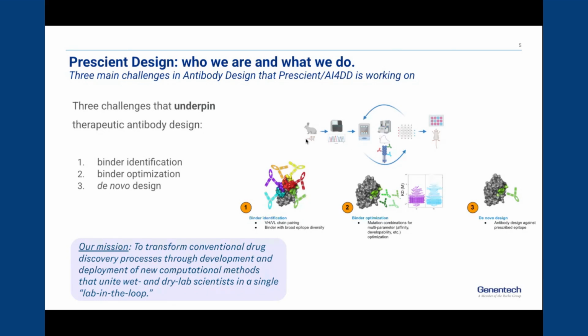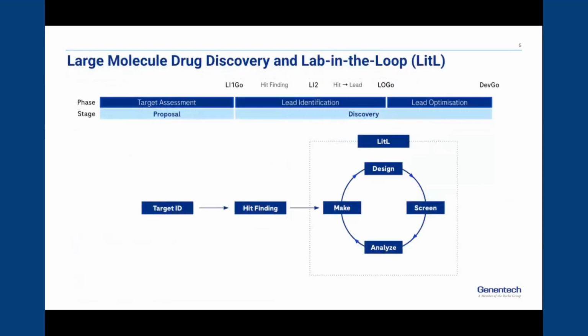So our mission is to transform the conventional drug discovery process by developing these machine learning tools that unite both wet lab and dry lab scientists in a thing we call lab in the loop, that can be used to address these three different problems. So this is the way we bring lab in the loop to a typical portfolio project.